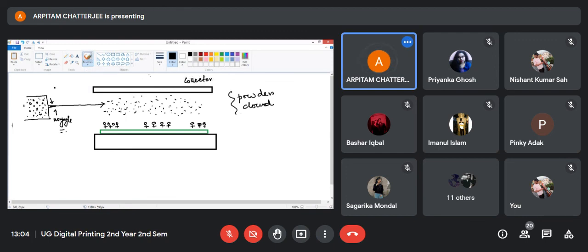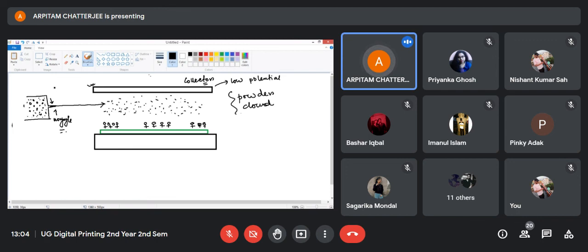That means whichever toners have not been used are going to get collected by this development electrode. Because these negative toners don't have any place to go, they will go and get attached to this place.